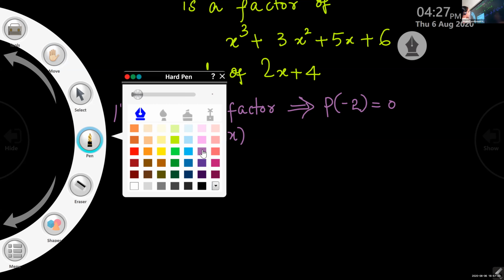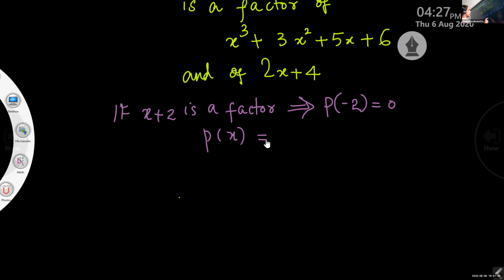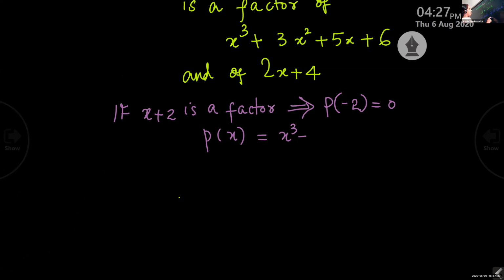P of x equal to x cube plus 3x square plus 5x plus 6. Rewrite that polynomial and find P of -2. If you are getting 0 as an answer, it is a factor. If you are getting any other number, it is not a factor.